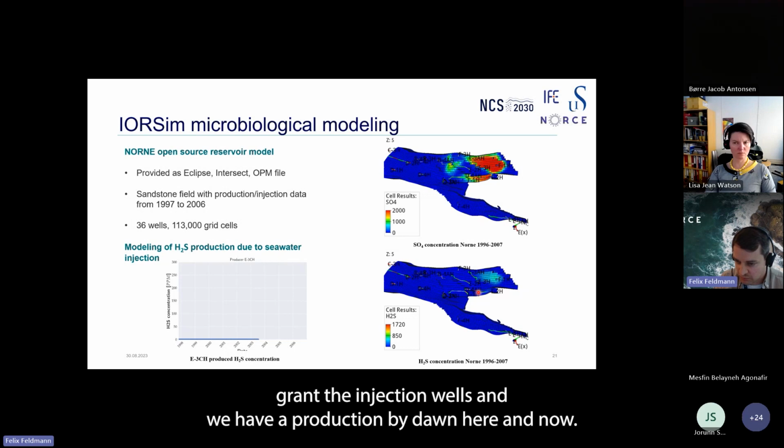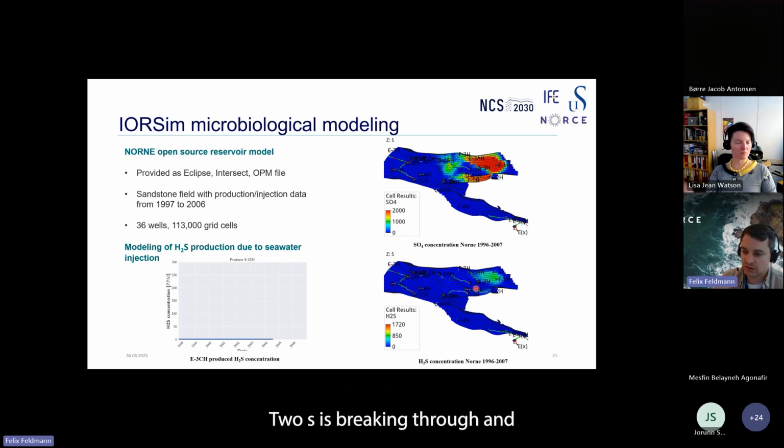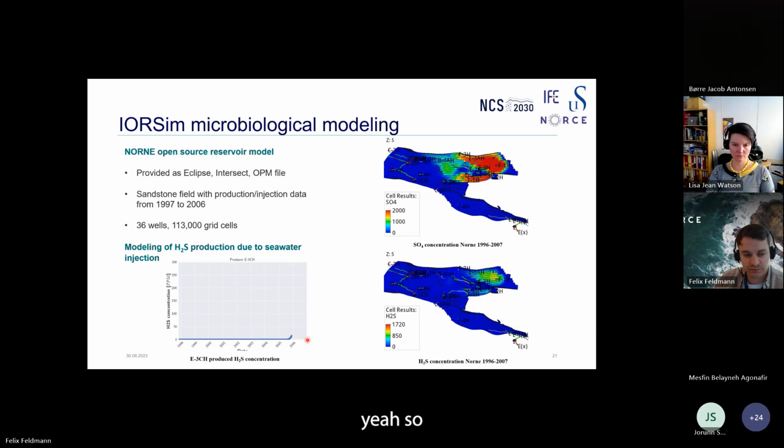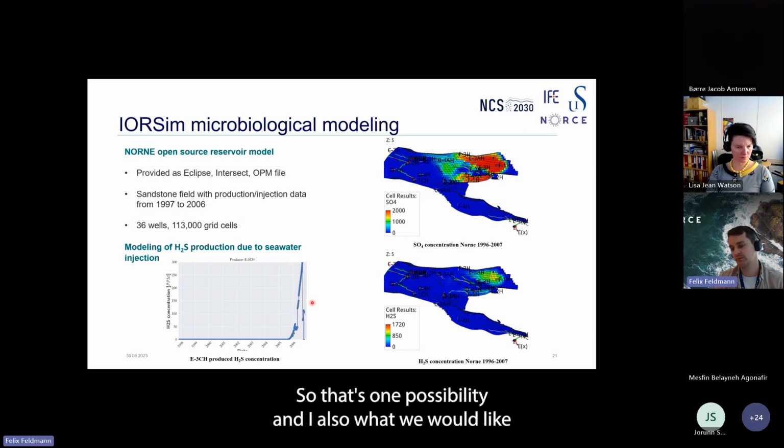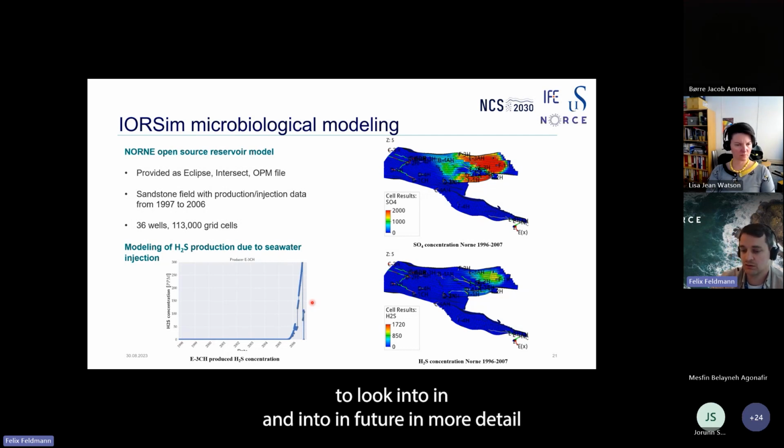And we have a production well down here. And now in 2005, H2S is breaking through, and H2S is produced. So that's one possibility in IORSim, which we would like to look into in more detail in future.